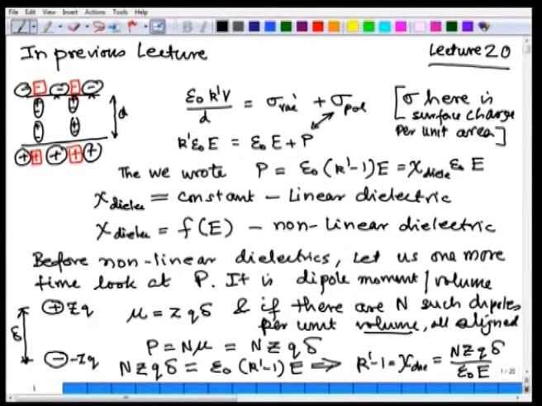And remember we can write polarization as epsilon naught times K prime minus 1 times electric field E, which implies that dielectric constant minus 1, which is the dielectric susceptibility, is equal to n ZQ delta divided by epsilon naught E. Basically that is what the dielectric constant would be defined as in terms of dipole moments.